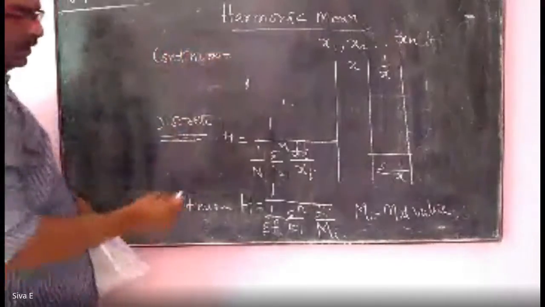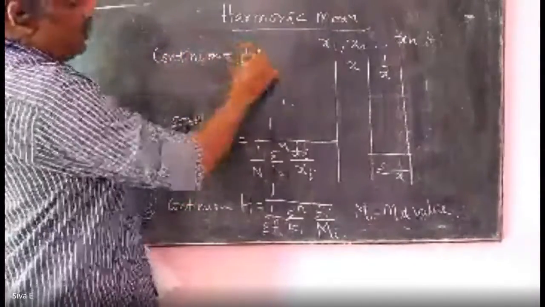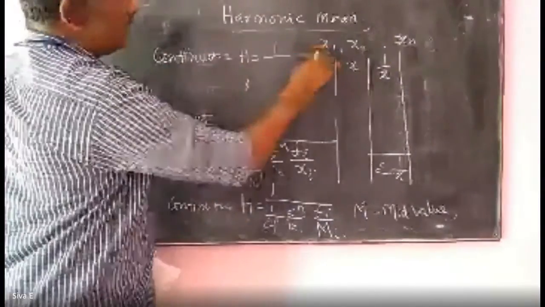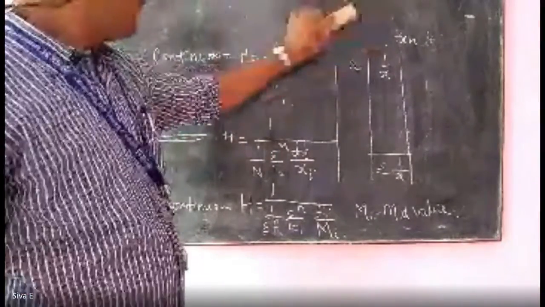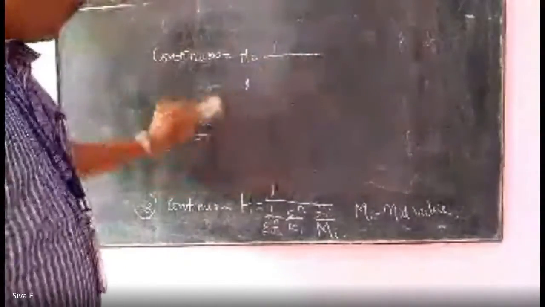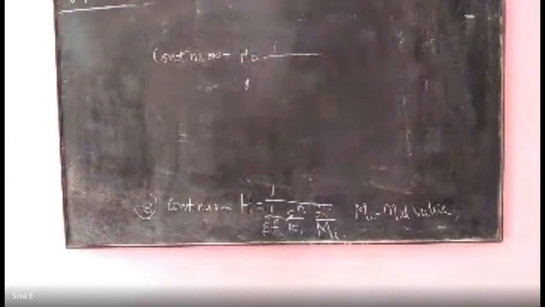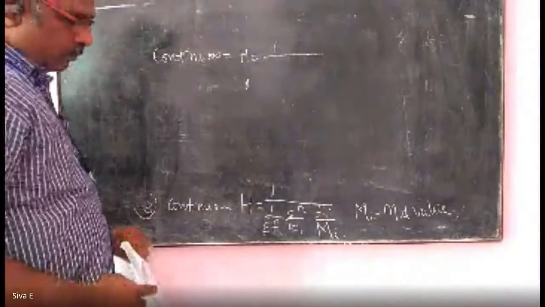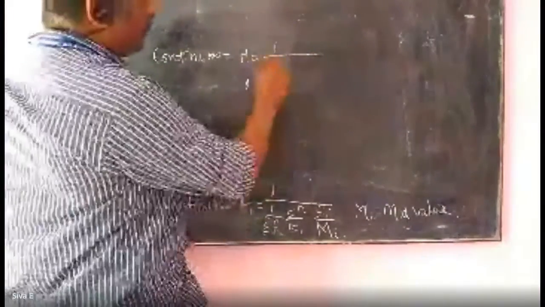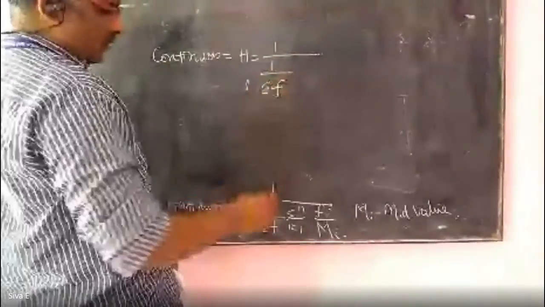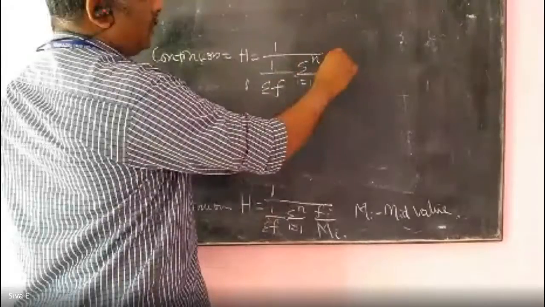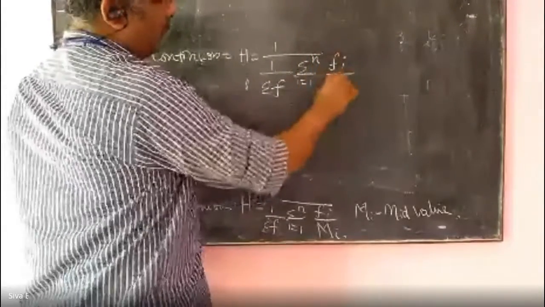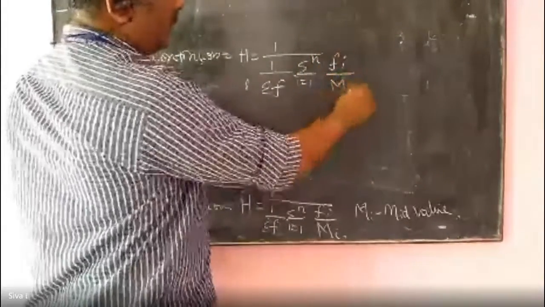Continuous type data, H equal to 1 by summation of i equal to 1 to n, fi by mi.